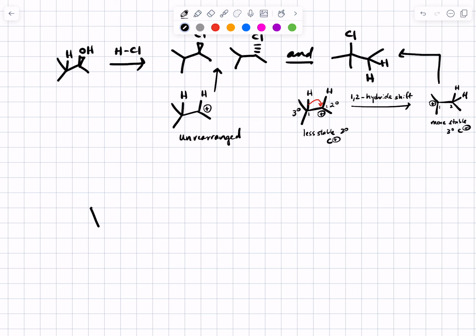I know some of you want to see the worst case scenario, so here's a ring, and here is a secondary carbocation. And yes, you can do a rearrangement where it's not the methyl group that leans over, but instead this RCH2 group highlighted in pink that simply leans over and makes a new bond.